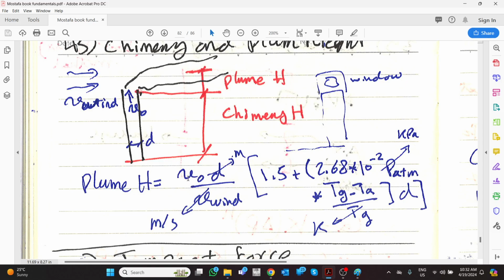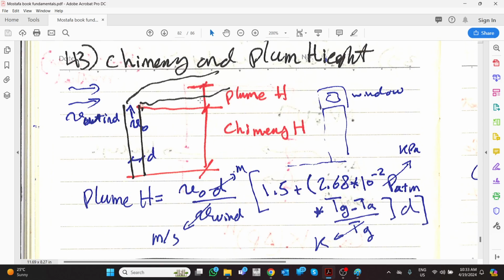The plume height is V naught, which is the speed here, divided by V wind, multiplied by 1 over 1.5, etc., which is P atmosphere. It is a correlation, by the way. T gas minus T ambient over T gas, all in Kelvin, multiplied by the diameter. It is an approximation. Of course, to know, you also need to do a CFD.